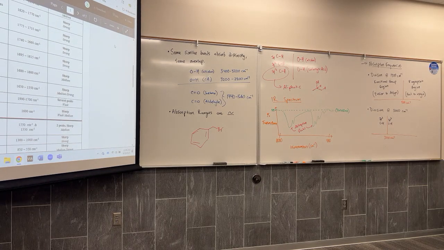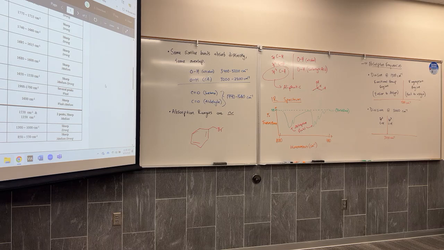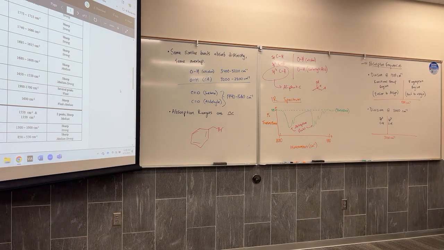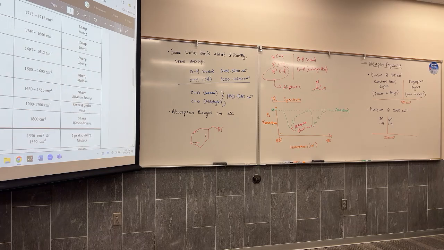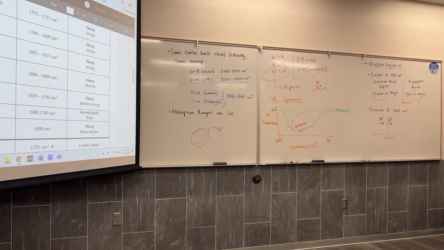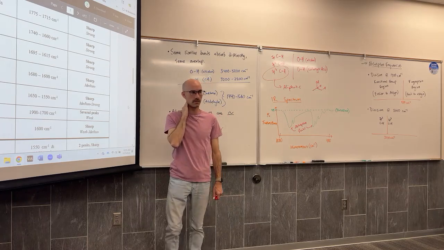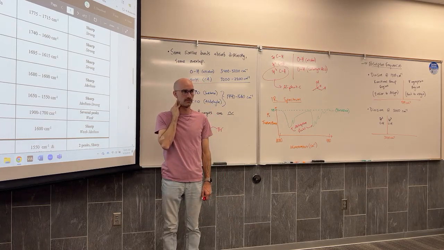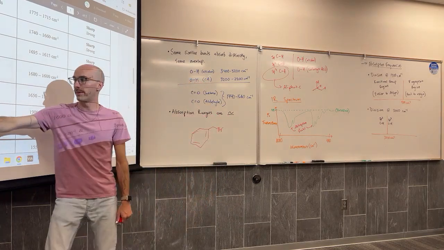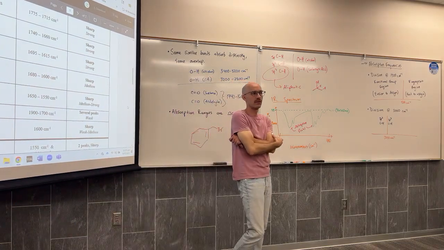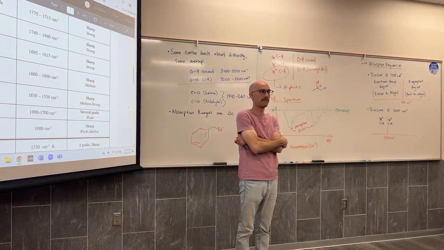Are you thinking of the CC double bond of the alkene and the CC double bond of the aromatic ring? Well, that as well, but aromatic overtones is 1900 to 1700, but then for below it, just the CC double bond. Just the CC double bond in the aromatic ring. Yeah, that's right.